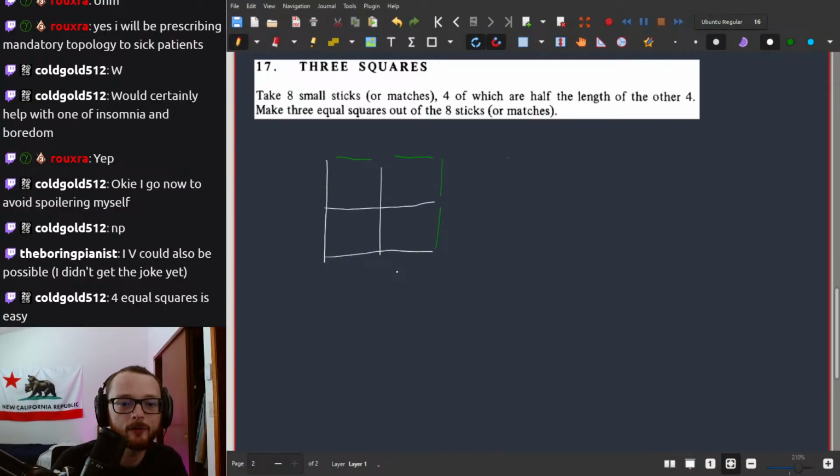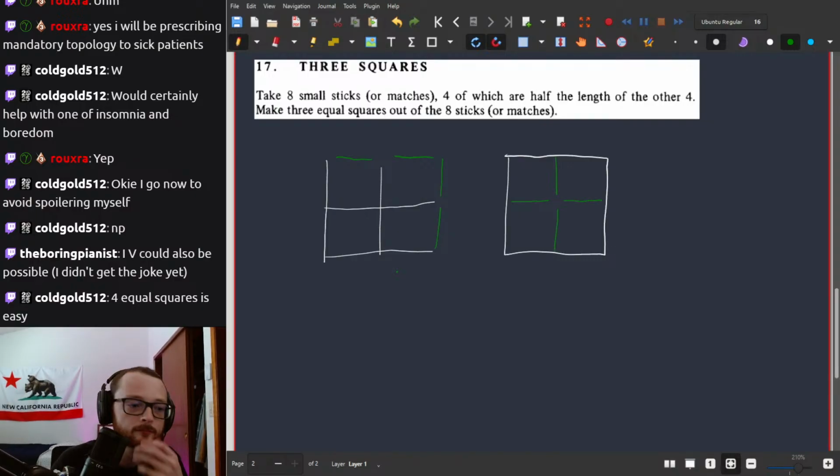I guess we could have also done the big sticks all on the outside, and the small ones on the inside. Can we be sneaky and make a... No, we can't make a triangle. The ratios wouldn't be right.